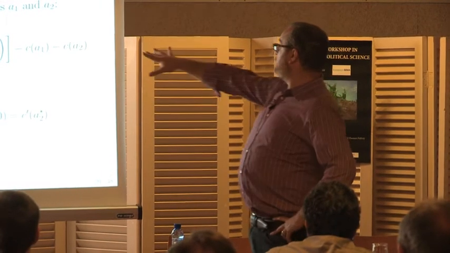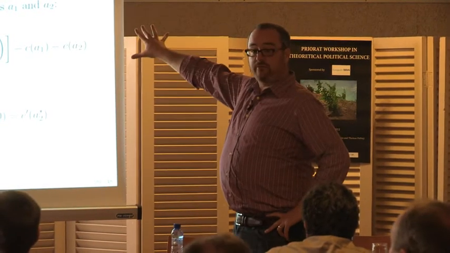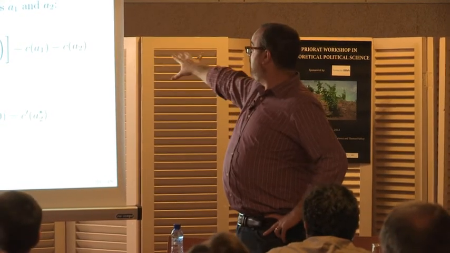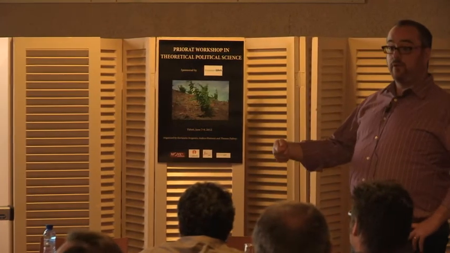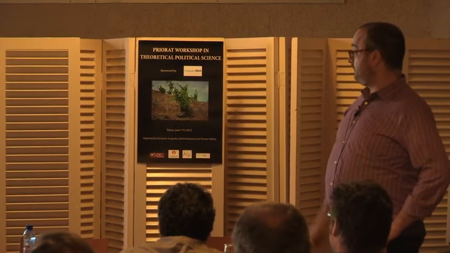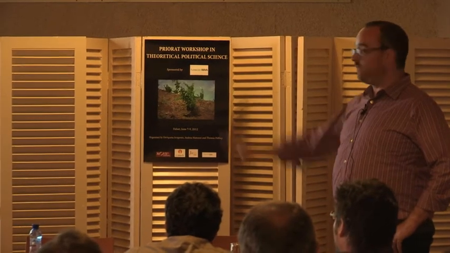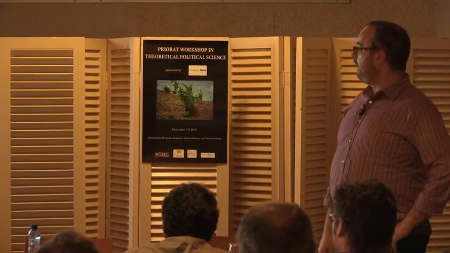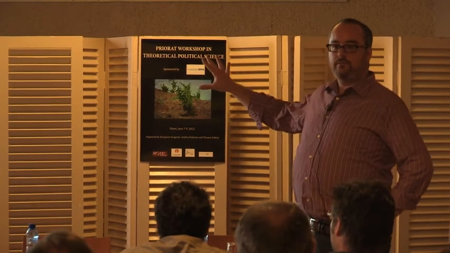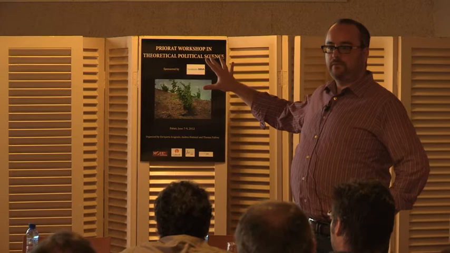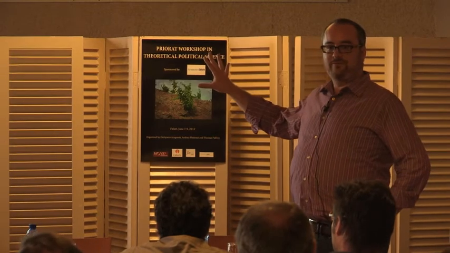So if I choose A1, A2, my expected utility is the probability I get reelected, which is the thing in brackets, times my rents from office, minus my two costs. And you can take derivatives and then impose that beliefs have to be correct to get first order conditions. Okay? And that's the key equilibrium condition in the bundled world. Are we good?